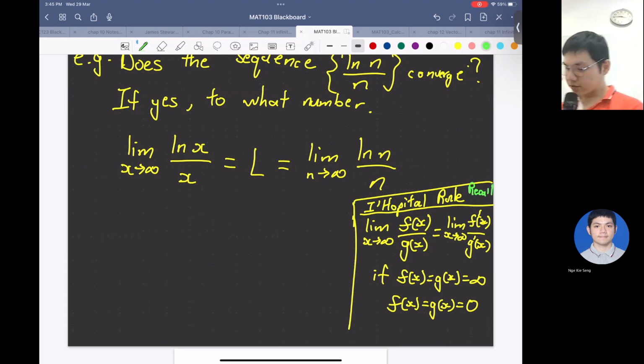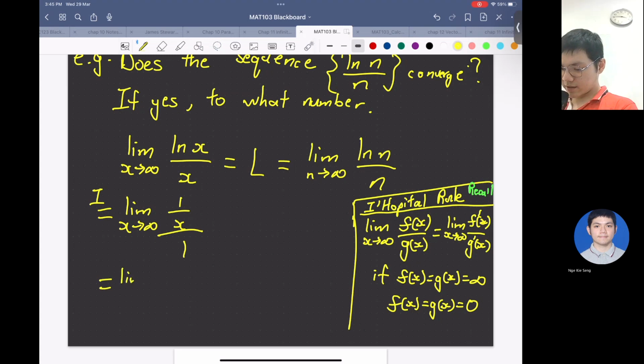In this case, we see that ln x goes to infinity when x goes to infinity, and x goes to infinity when x goes to infinity. So by L'Hopital's rule, we differentiate ln x and get 1 over x. You differentiate x, you get 1.